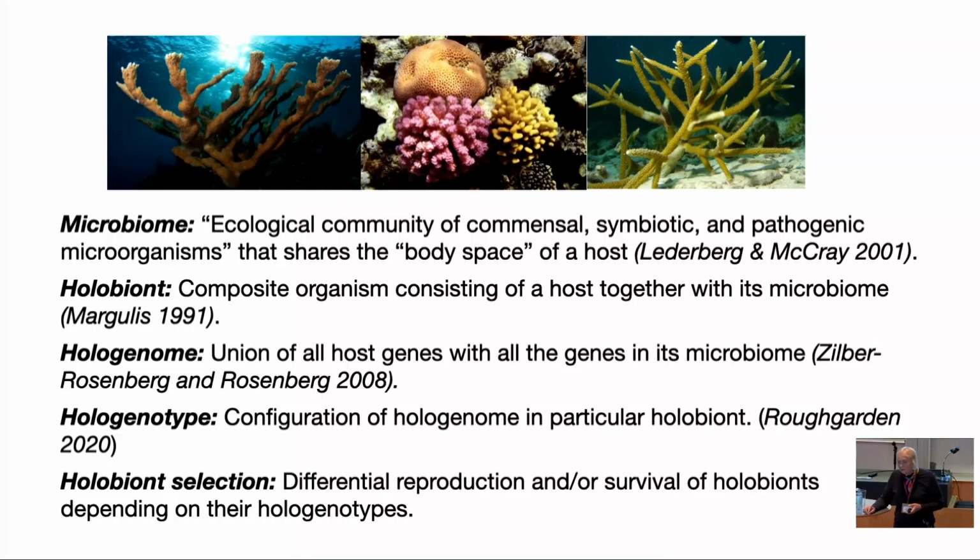Elena Zilber-Rosenberg and Jean Rosenberg coined that phrase. And the hologenotype is the configuration of the hologenome in a particular holobiont. I've introduced that piece of jargon. And so holobiont selection is the differential reproduction and/or survival of the holobiont depending on the hologenotype.